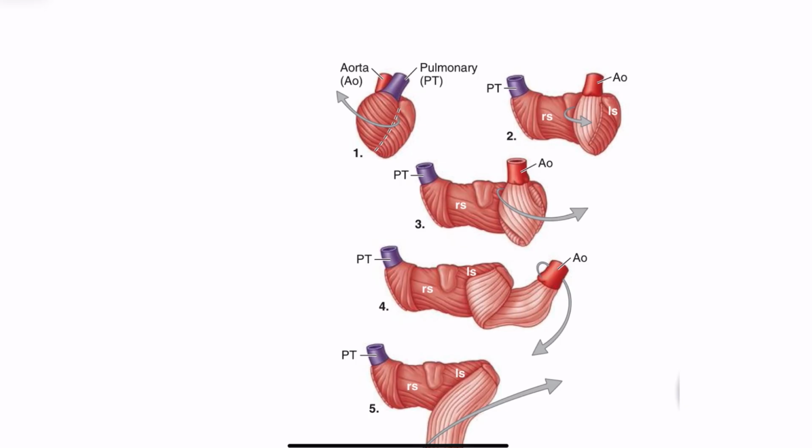Now let's understand how this 0.03 seconds delay occurs in the impulse conduction through the cardiac myocytes in the ventricles. Actually, the ventricular muscle fibers are not arranged radially, they are arranged in a spiral fashion. And there are two layers of the cardiac myocytes, the inner layer and the outer layer. In between the inner and the outer layer, there is the fibrous septa.